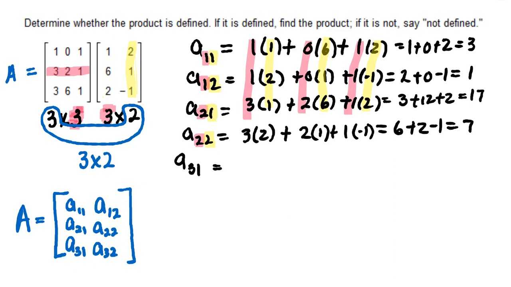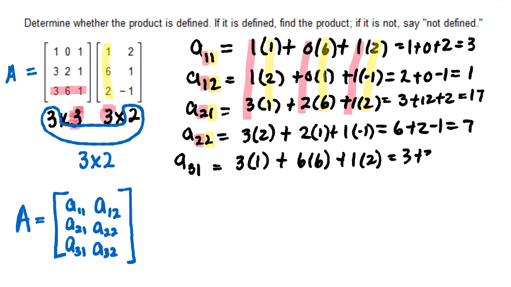Entry A31, row 3, column 1, will use row 3 of the first matrix and column 1 of the second matrix. So our calculation would be 3 times 1 plus 6 times 6 plus 1 times 2. That's 3 plus 36 plus 2 is 41.